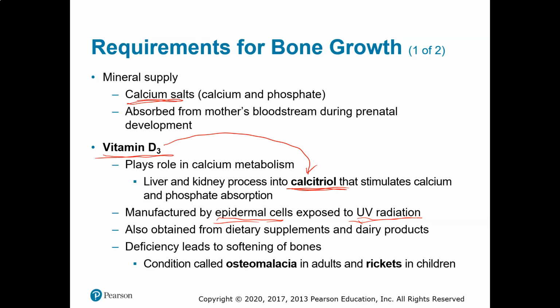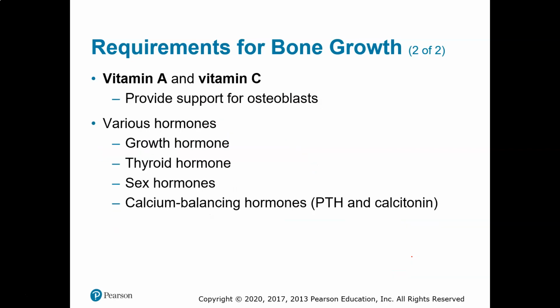When you have a deficiency in vitamin D3, the bones can become soft, and that is called osteomalacia in adults and rickets in children. So rickets is when children have a vitamin D3 deficiency. Vitamin A and vitamin C are also important.